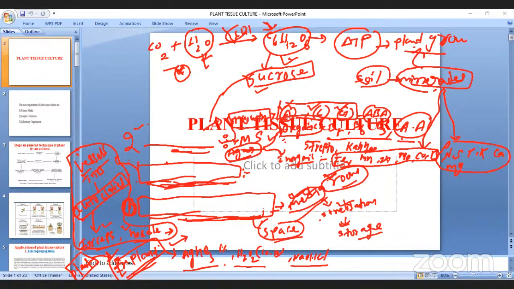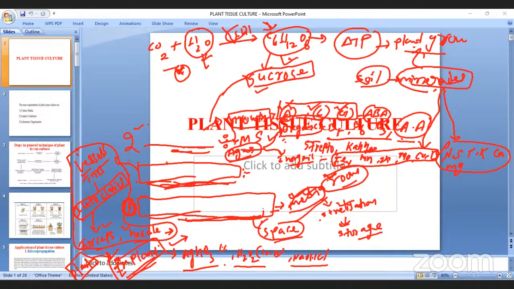And from an examination point of view, if they ask about totipotency, write the totipotency characters. If they ask like that, you write the same answer. What is totipotency? Why does the plant cell have the capability of regeneration? Because of the totipotency property.